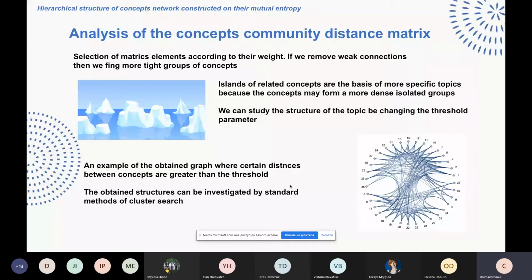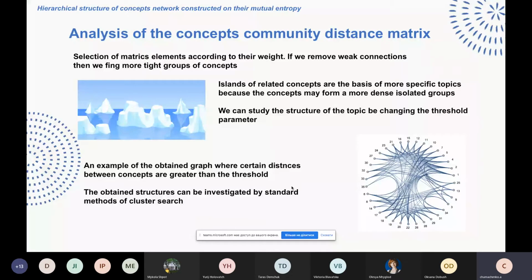There were a lot of techniques on how to use clusterization for such problems. I will not show these examples here, but it's also a possibility to study the structure.